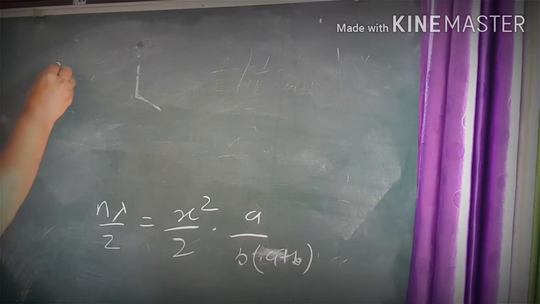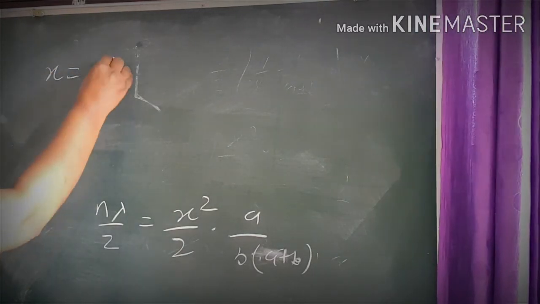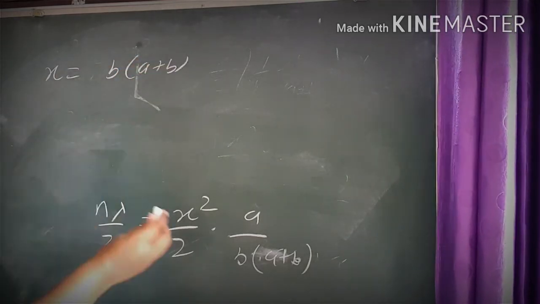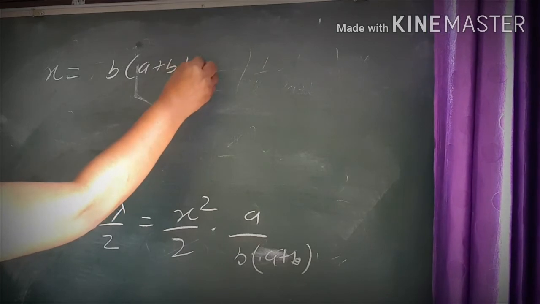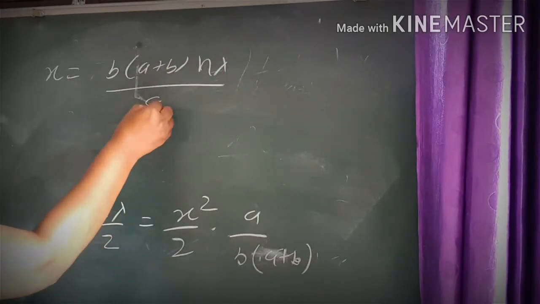Here we will find the value of x. x is equal to the square root of b into a plus b into n lambda divided by a.